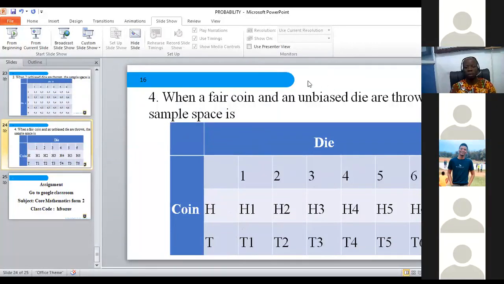Who can give me the sample space over there? Peace, give me the sample space. H1, H2, H3, H4, H5, H6, and T1, T2, T3, T4, T5, T6. Good. So what will be the number of events? The number of events, Raymond. 36?